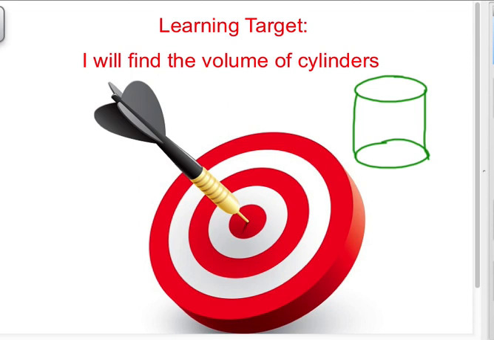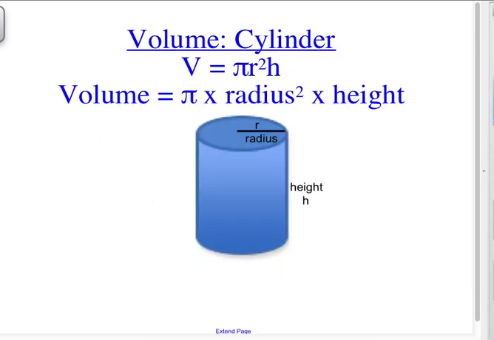And don't forget what volume is. Volume means if I were to try to fill this thing up with water or sand or soda, how much would it hold? So volume is what we use to measure the inside space of a three-dimensional figure. And there is a formula for that, and here is the all-important formula for today.